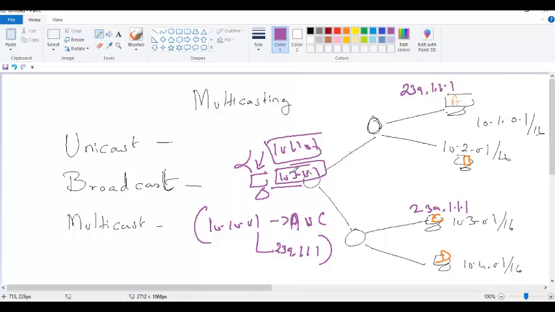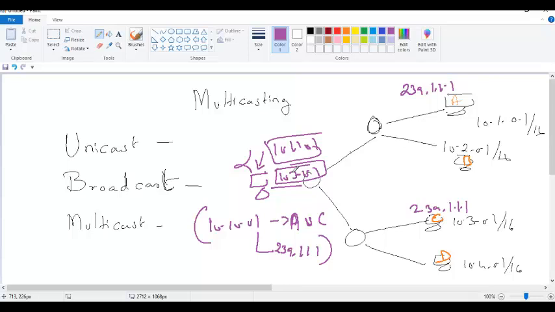I just got 2 destinations. What if there are 100 group members? With unicast, you will duplicate the packet 100 times, and to 100 destinations you have to send the packet. The routers need to process 100 destinations and 100 packets.